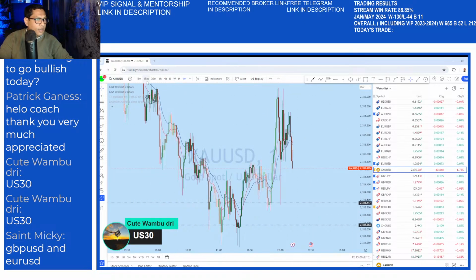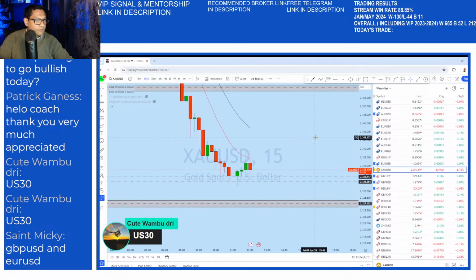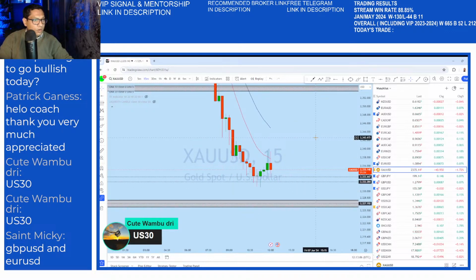Okay, 1 minute and lower time frame. Also a couple of long wick candles here.